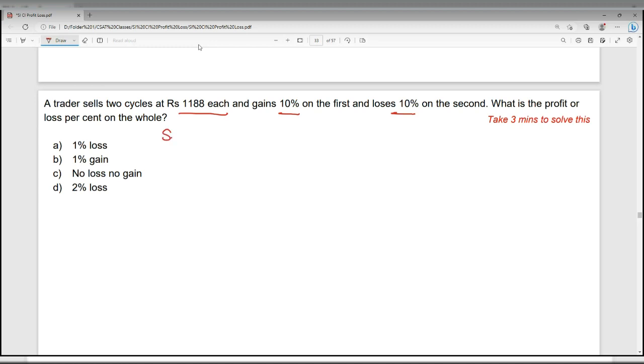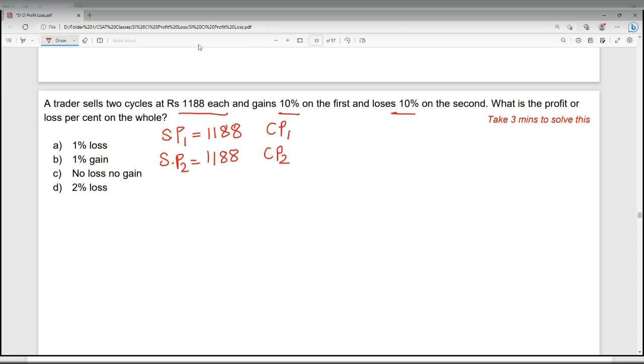So the selling price of the first is 1188. The selling price of the second cycle also is 1188. We don't know the cost price of the first cycle and the cost price of the second cycle. But we know that the first cycle was sold at 10% profit and the second cycle was sold at a loss of 10%.